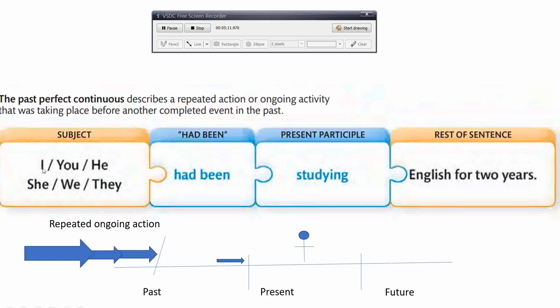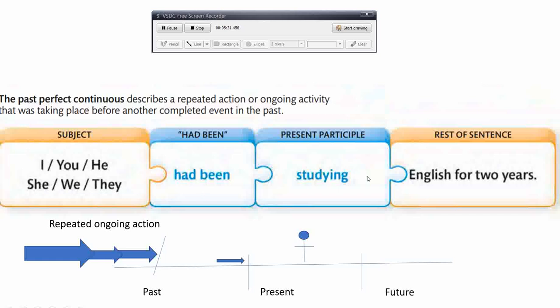Now let us read one of the sentences to understand. I had been studying English for 2 years. That means I continued to study English for 2 years. Now that 2 years can be far away from this present or it can be near this present, that we are not mentioning in this sentence.